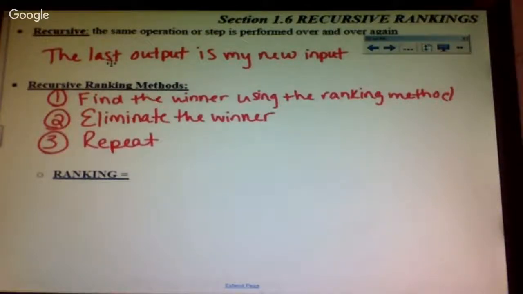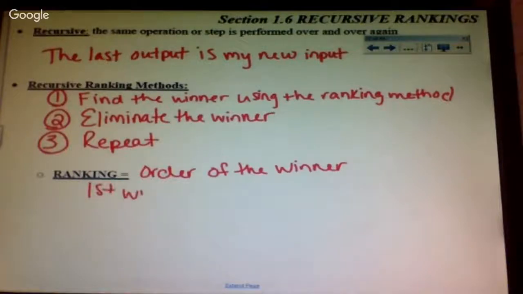I will tell you this, the one that takes the longest and the one you're going to hate is Borda count. Plurality is pretty simple, pairwise is super simple, Borda count takes the longest. Your ranking then is the order of the winners. So the first winner is in first place.